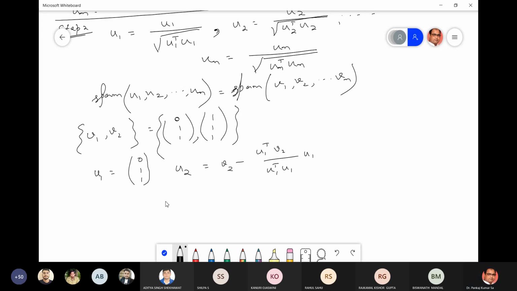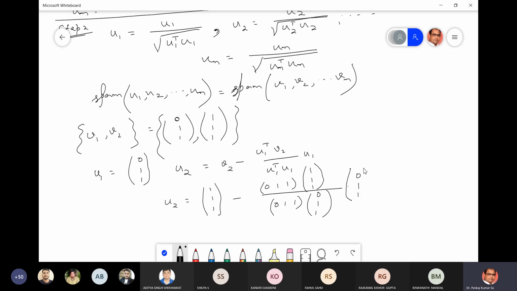This I can write as u2 is equal to v2, 1, 1, 1, minus u1 transpose 0, 1, 1 times v2, 1, 1, 1, upon u1 transpose 0, 1, 1 multiplied by 0, 1, 1. Find this out, how much it is.